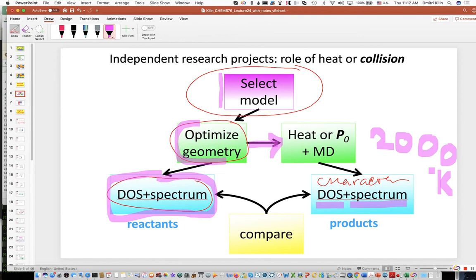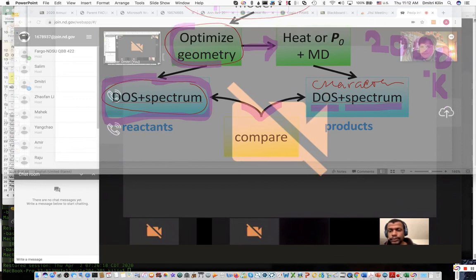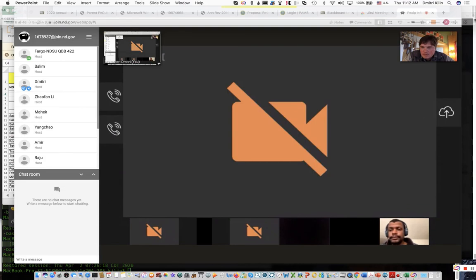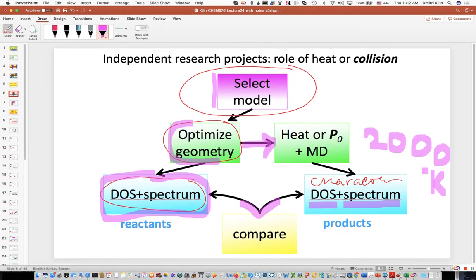And then one can verbally and intellectually compare these two sets of data and make conclusions on how thermally induced transformations modify properties of this and that material. Other questions to this general direction right now? Okay, I don't see questions.